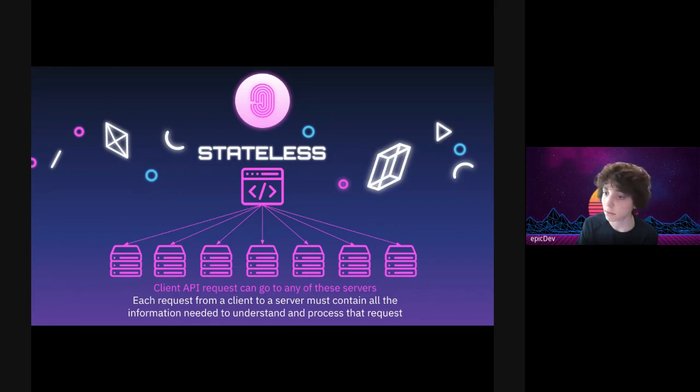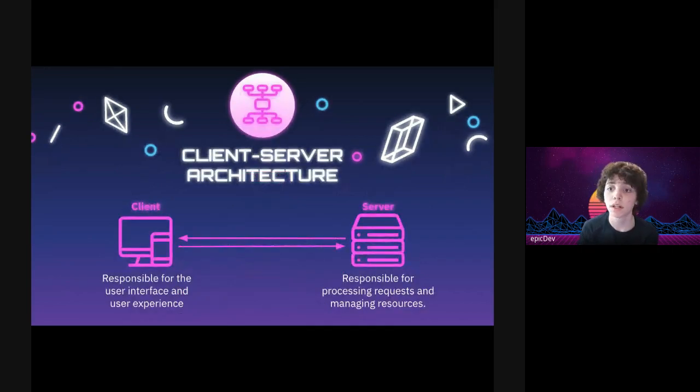And yeah, the next one. Client-server architecture refers to the separation of concerns in the system. The client is responsible for handling user interface and user experience, while the server manages the processing of client requests and handling of resources. The client sends requests to the server, which processes these requests and sends the appropriate response.